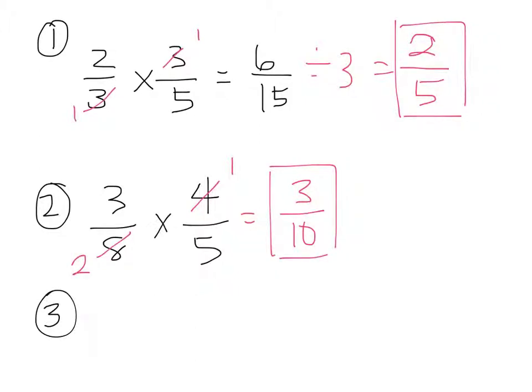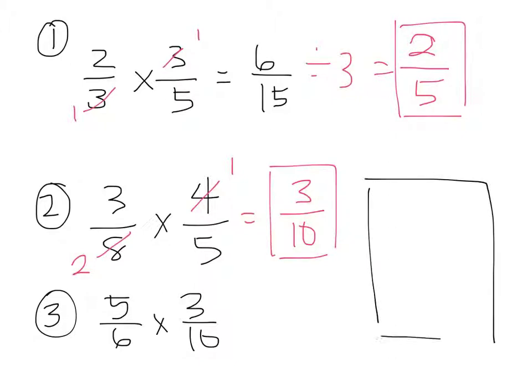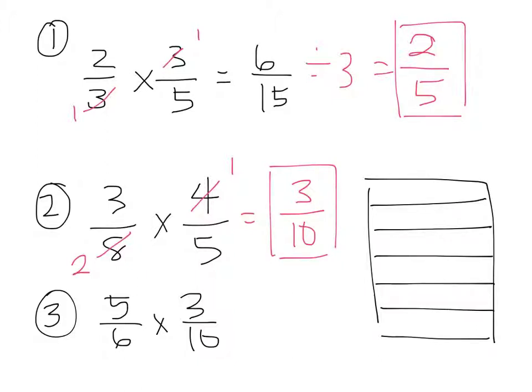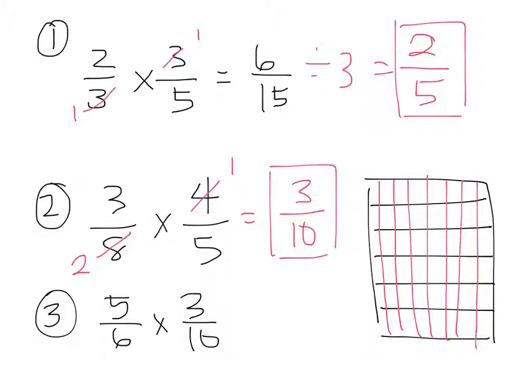All right. Okay, so let's look at number 3. We have 5/6 times 3/10. I'm going to draw an area model for this one, okay? So I have here 1 square, 6 times, and horizontally I'm going to split it into 6 parts. 1, 2, 3, 4, 5, 6. And then vertically, I'm going to split it up into 10. 1, 2, 3, 4, 5, 6, 7, 8, 9, 10.